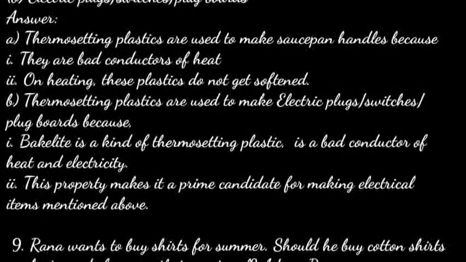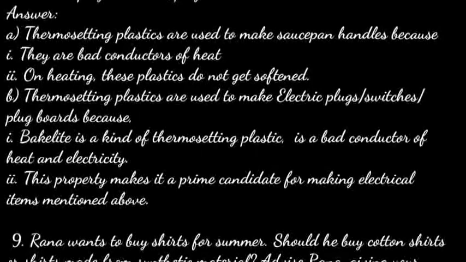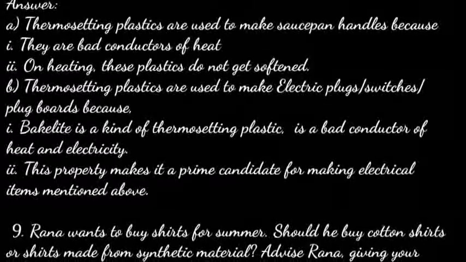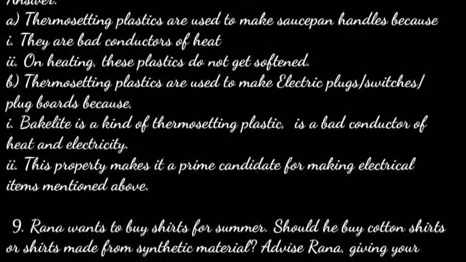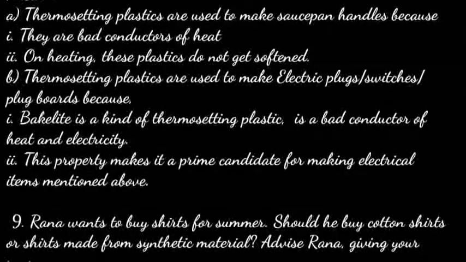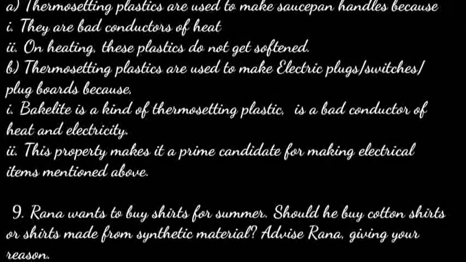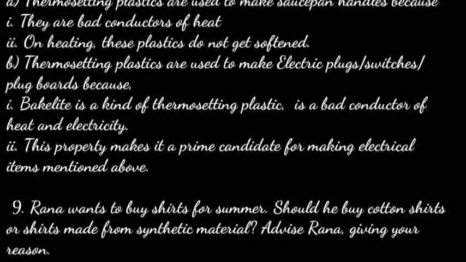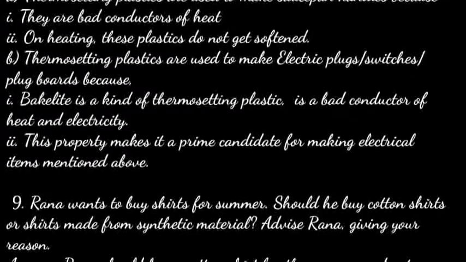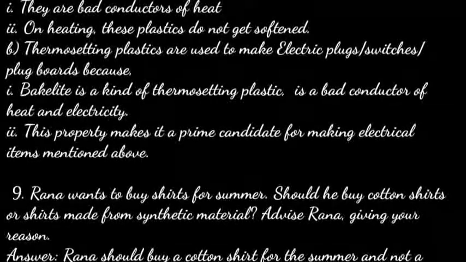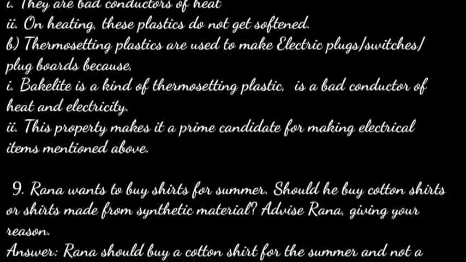Now thermosetting plastics are used in making electric plug switches and plug boards because bakelite, which is used in making these items, is a thermosetting plastic and it is a bad conductor of heat as well as electricity. This property makes it a prime candidate for making the electrical items mentioned above. The reason is that they are bad conductors of electricity.